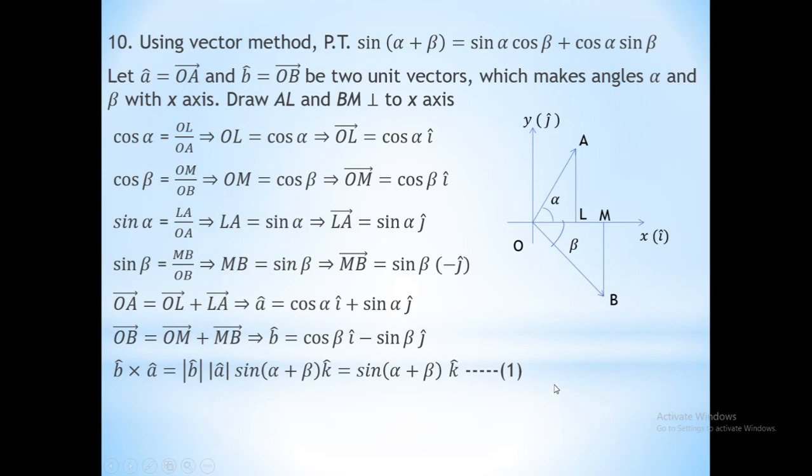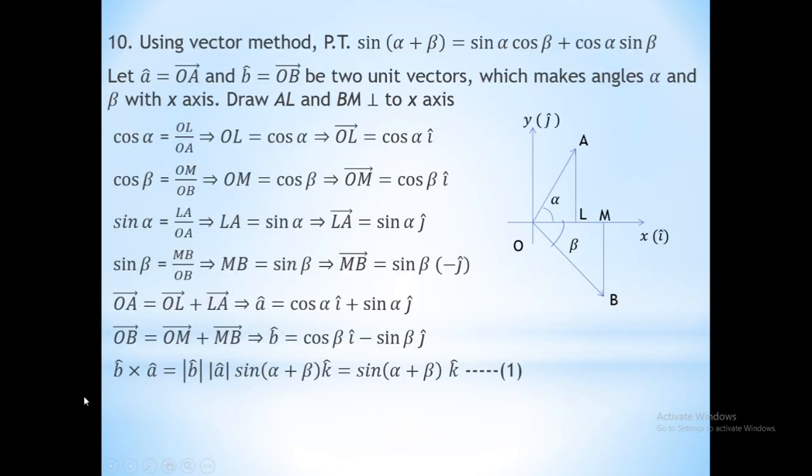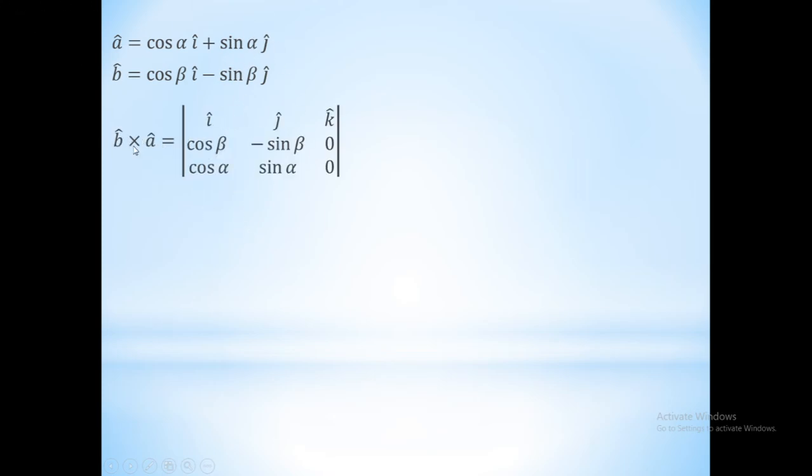Now coming to the next one, you have to find B cap cross A cap using the formula. Previously we have found these two values, and since we have come to the next slide, I have just written them here. B cap cross A cap using the formula is nothing but a determinant. For dot product, you just multiply the like vectors' coefficients and add.